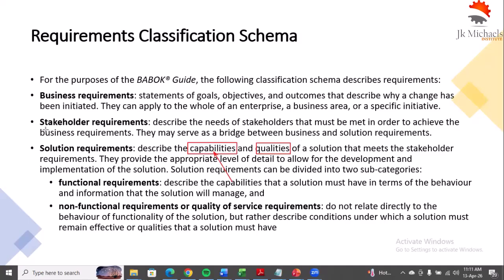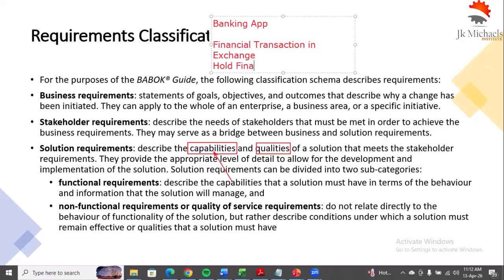The banking app is expected to be able to carry out financial transactions. Let's use a banking app, for instance. It should be able to carry out financial transactions in exchange, right? So, enable exchange: send money from one bank to another, and it should be able to hold financial information. Not only that, it should also be able to secure financial information.